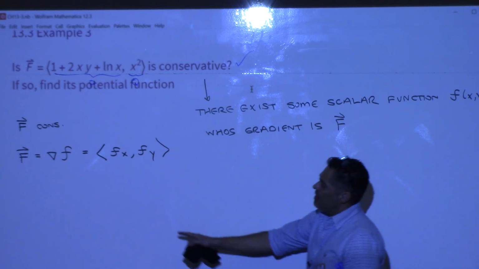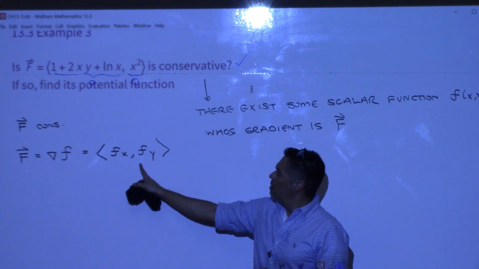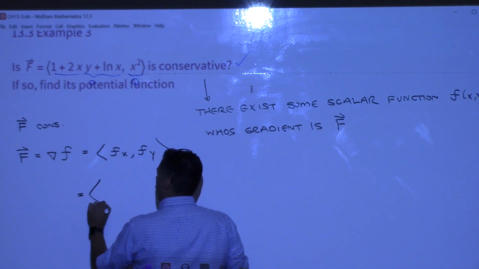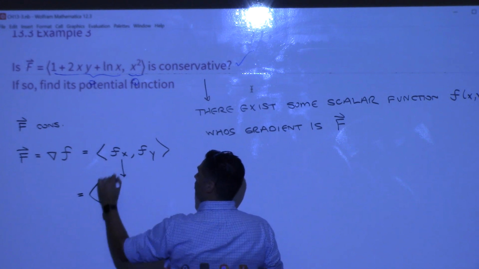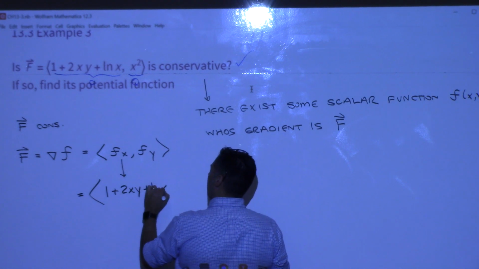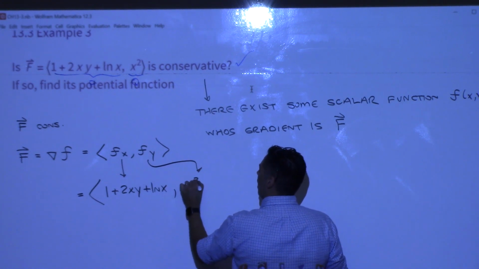So what we're saying is that that field up there is this, right? And that means for us that this is what? 1 plus 2xy plus natural log x. And then the partial of f with respect to y is just x squared, right?